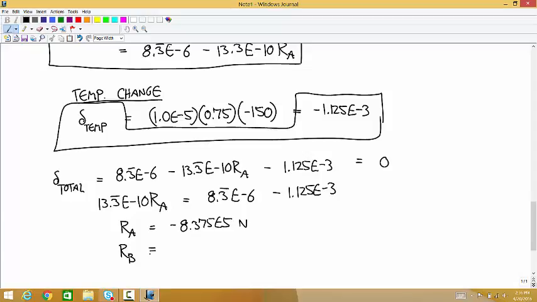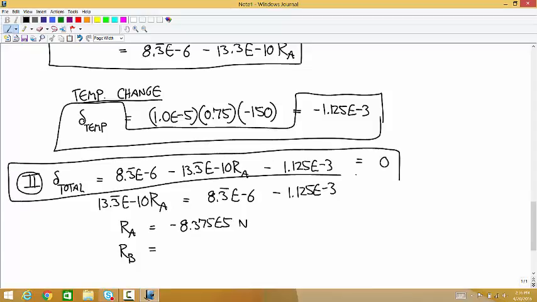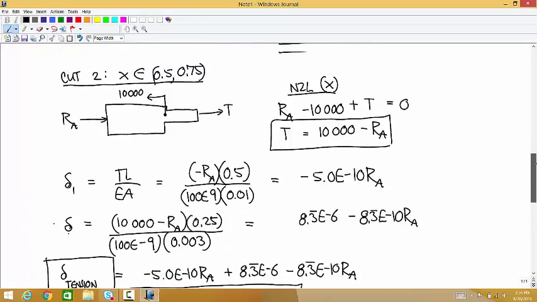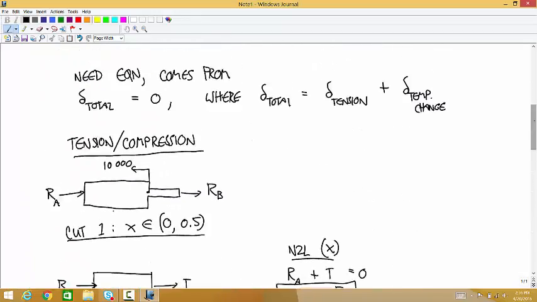Yeah, just plug it back into that first equation. This is the second equation. And what do you get for RB? 8.475.